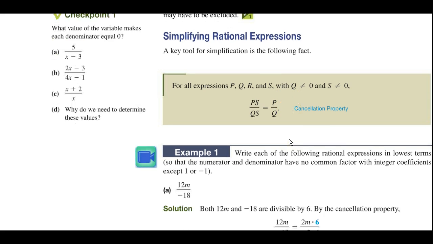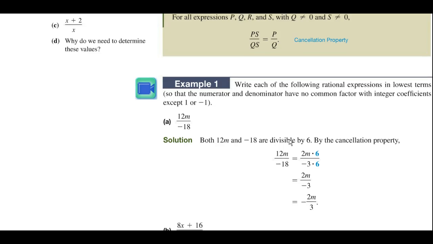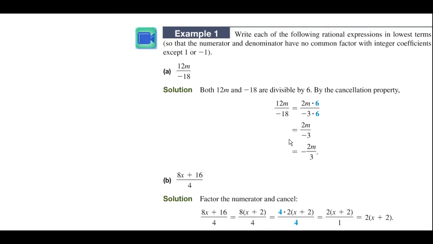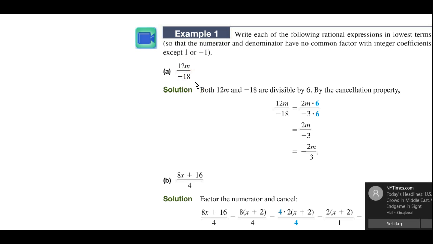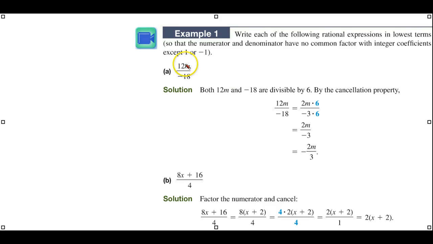Okay, so as we look at example 1, we're going to start off very easy. And we want to simplify this rational expression. So basically what we're going to do here is do some canceling of common factors.